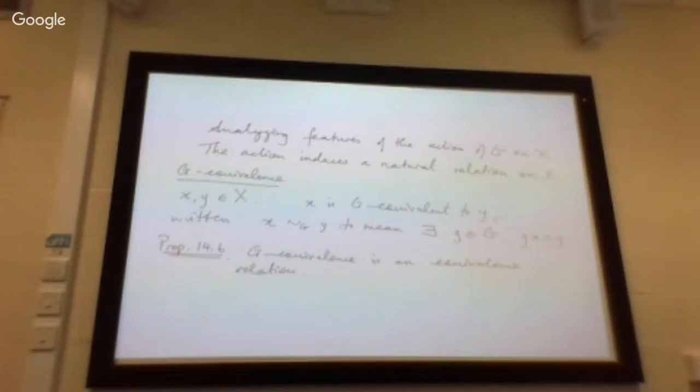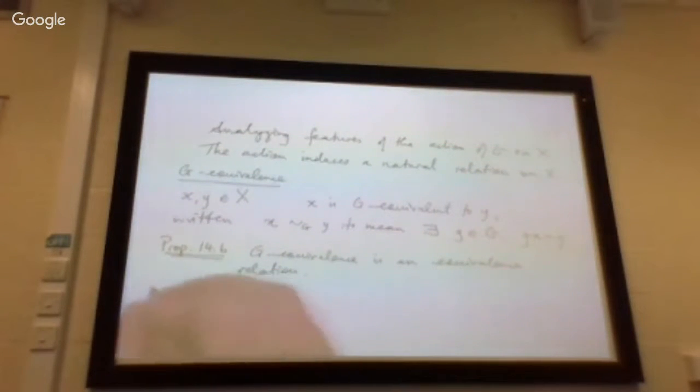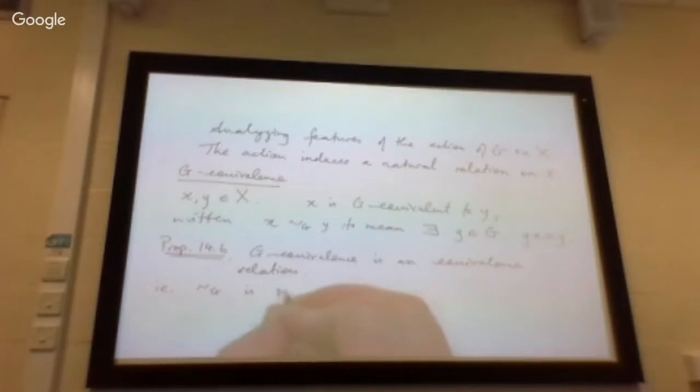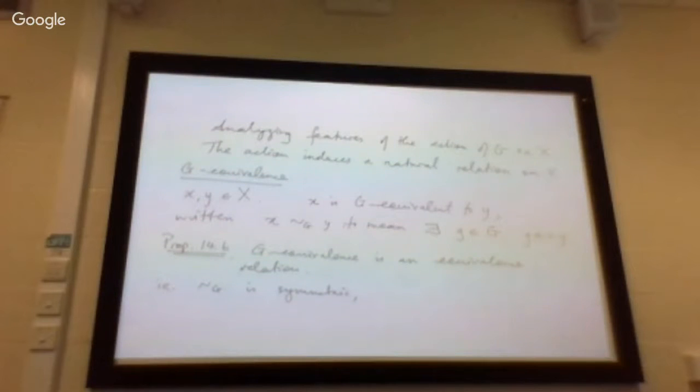It makes relations easier to understand and study. So, i.e., tilde G is symmetric, reflexive, and transitive.